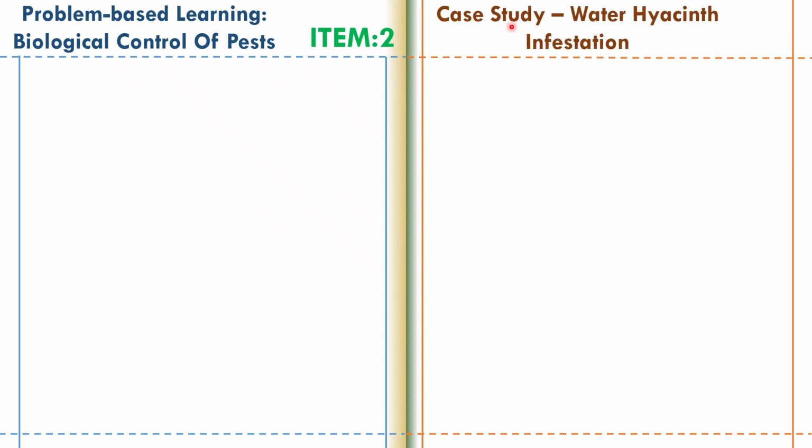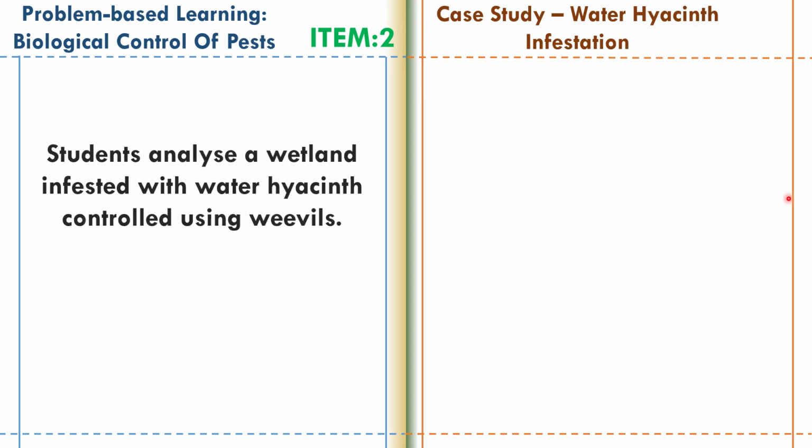The case study is a water hyacinth infestation. Students analyze a wetland infested with water hyacinth, controlled using weevils.